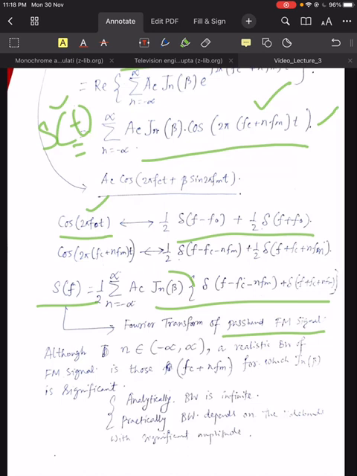How can we determine that? We can determine that by analyzing this Bessel function. We'll see in another video how we can find the practically significant bandwidth which we should consider for the transmission bandwidth of the FM signal.